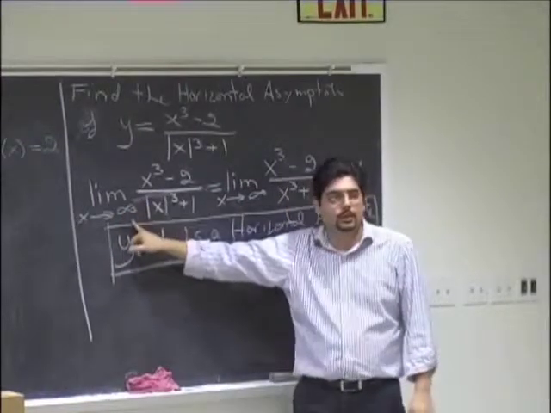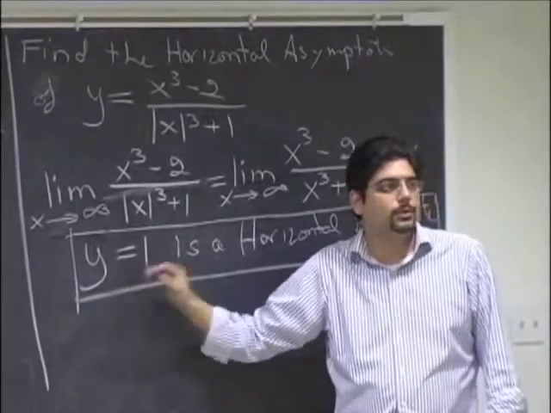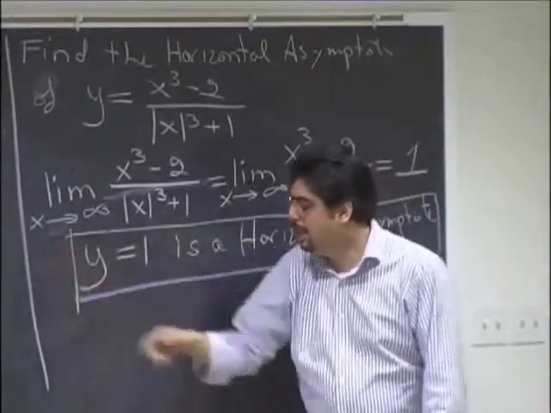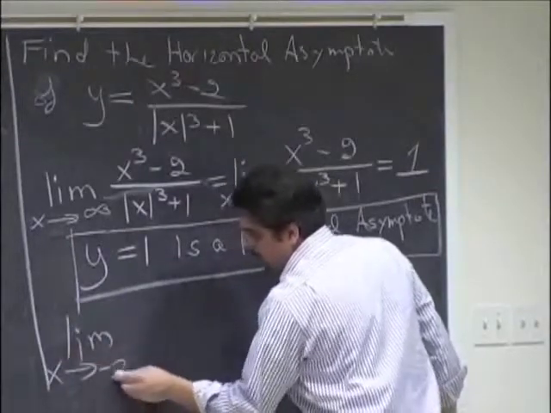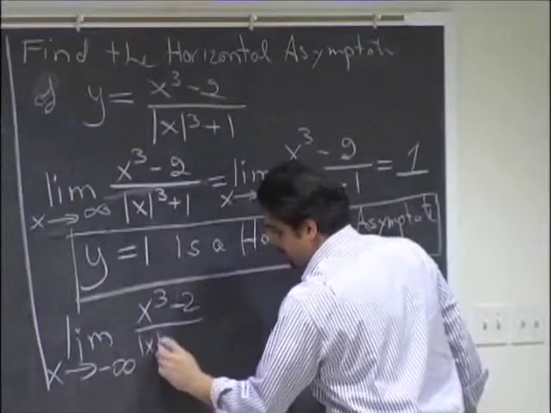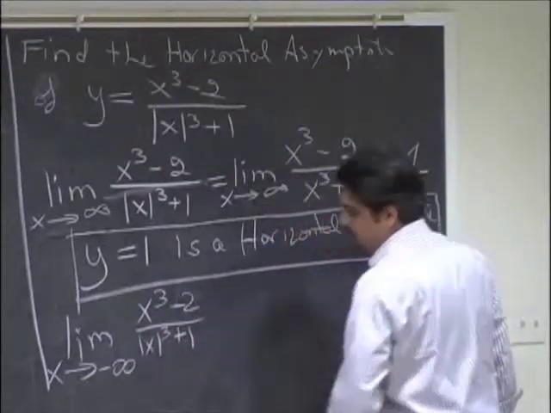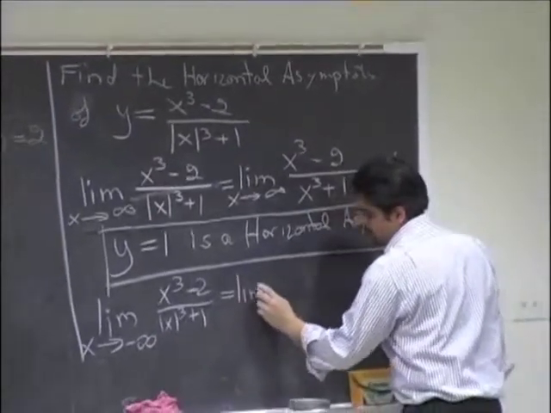That's all we know. To figure out whether or not this line holds as an asymptote for the left side, I have to calculate the limit as x goes to minus infinity. And things may or may not change. So let's see.